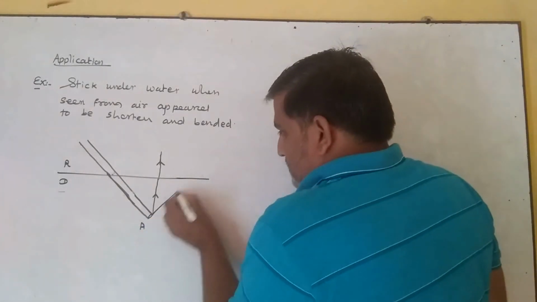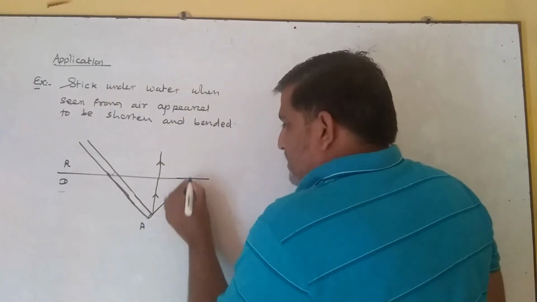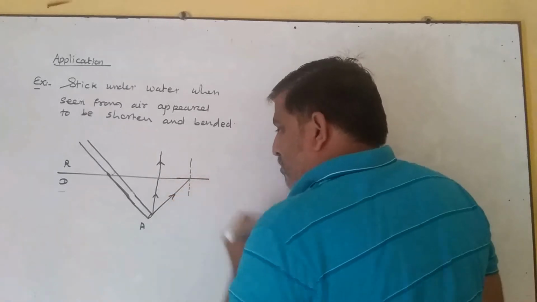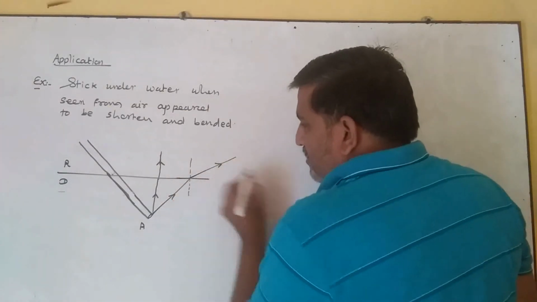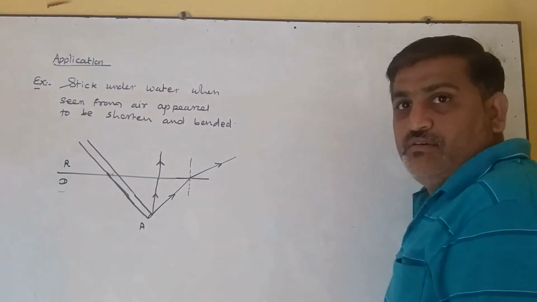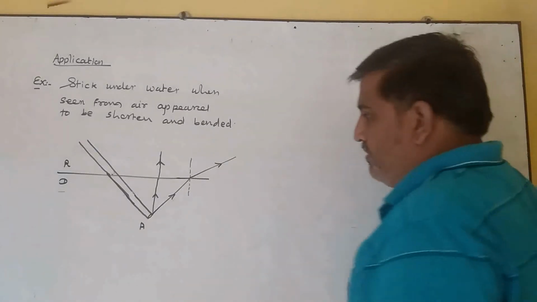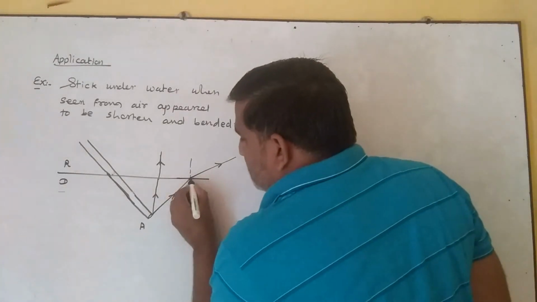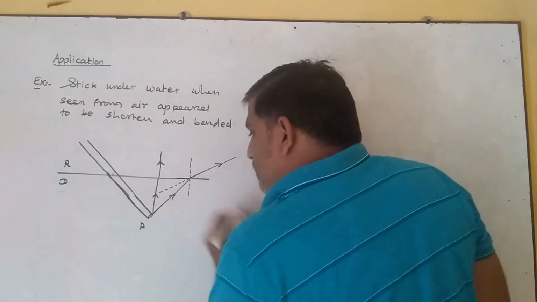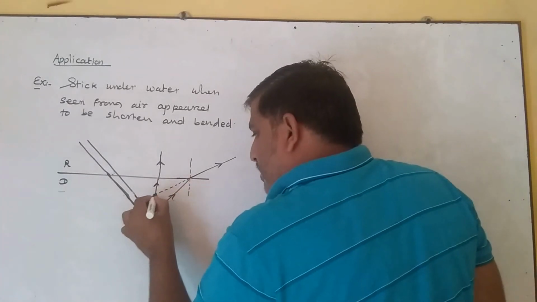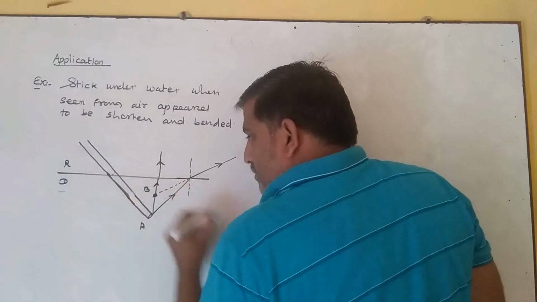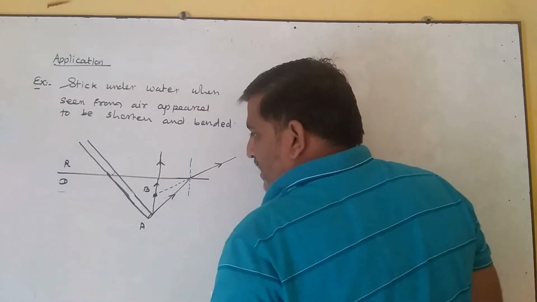Another ray makes an angle of incidence i with respect to the normal. After refraction it deviates away from the normal. As we produce this back, we find this ray meets over here, at this point, say B. So what can we say?